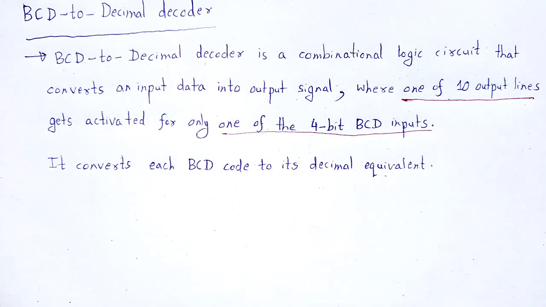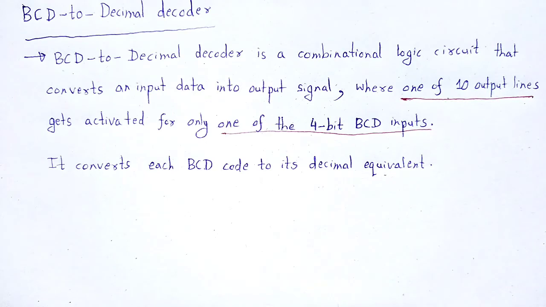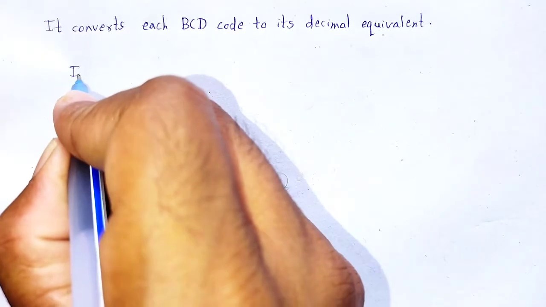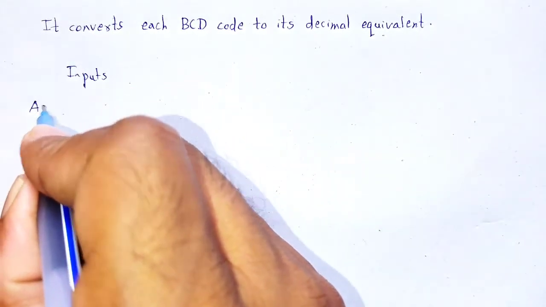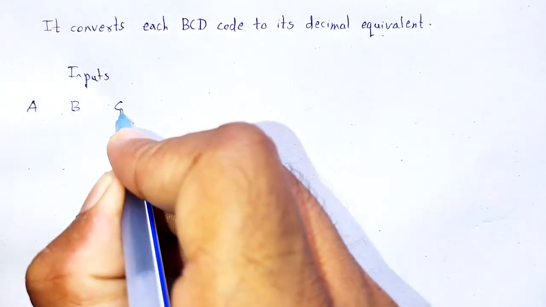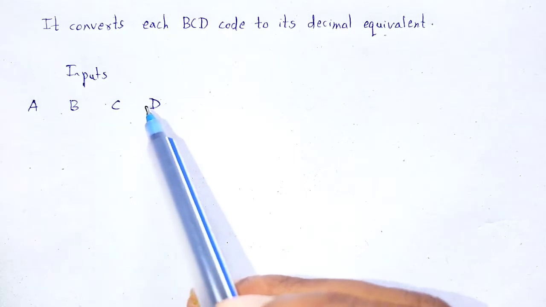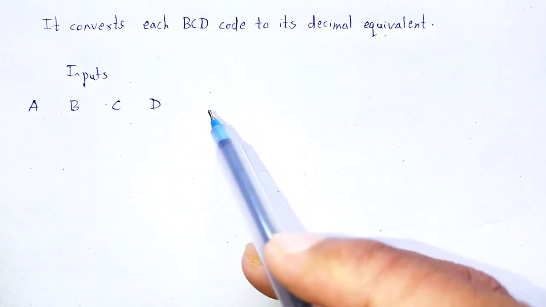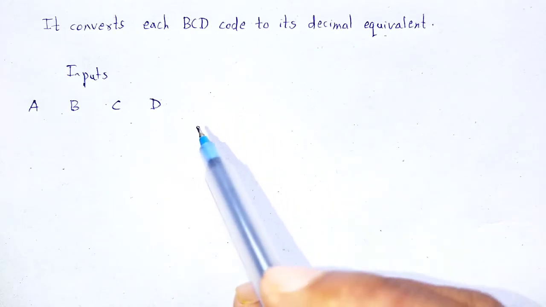It has 4 inputs and 10 outputs. The inputs are A, B, C, D. Since there are 4 inputs, the possible conditions will be 2 to the power 4, that is 16.